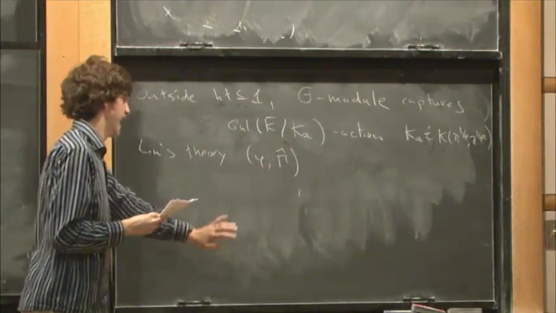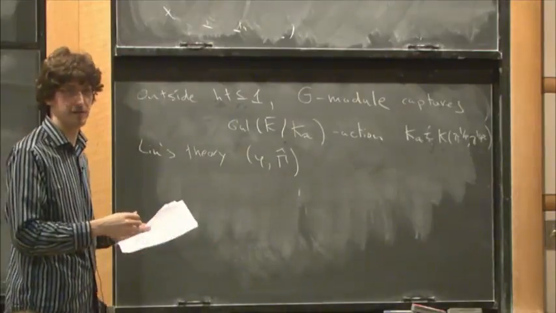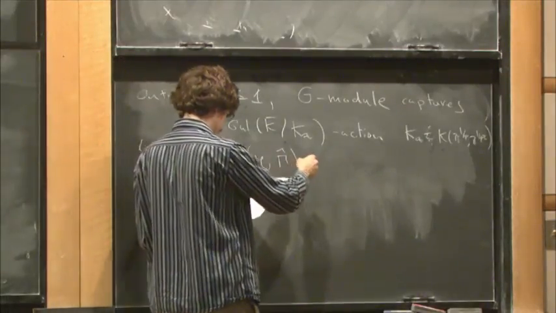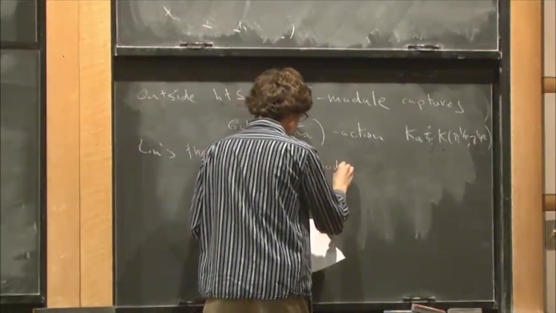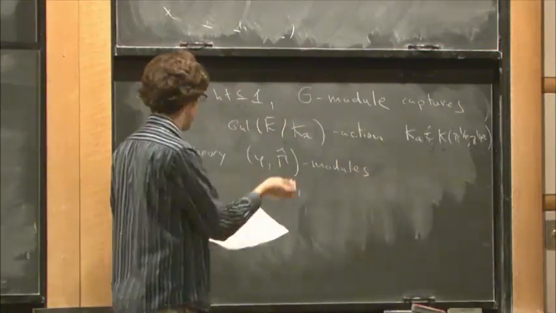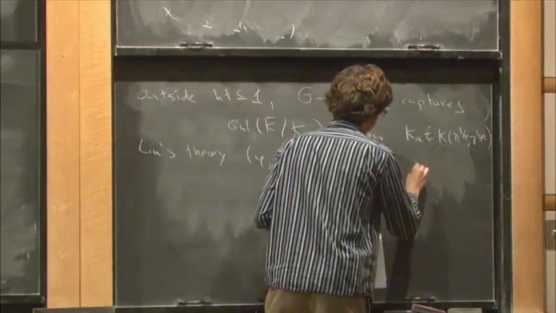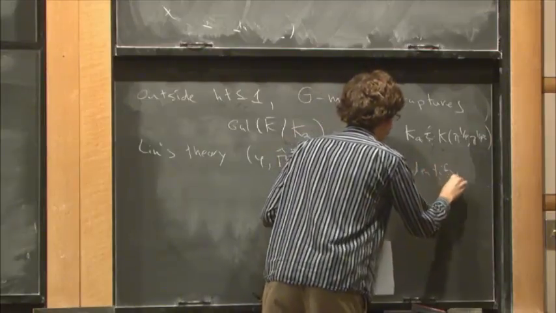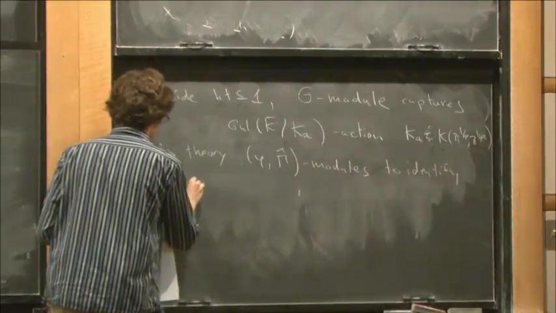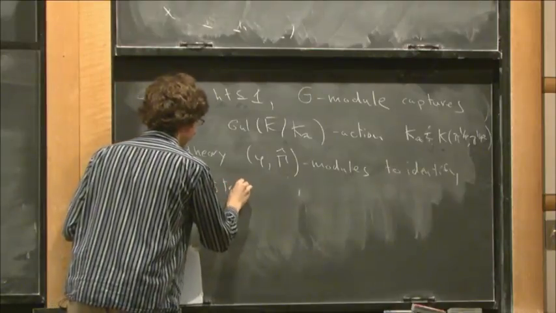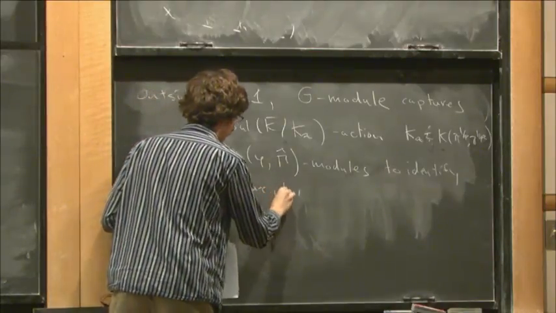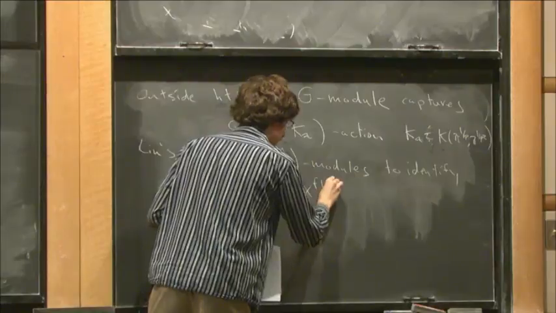He uses G hat, but to avoid confusion with the group G, I say phi G hat modules. So we use Liu's version, which allows me to identify, I'm being a little vague here, the local structure of X flat mu G.